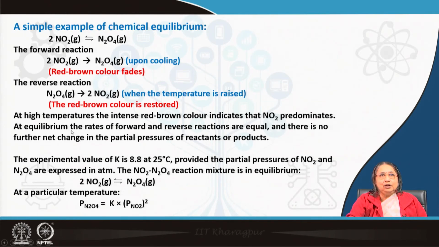Okay. At equilibrium, the rates of forward and reverse reactions are equal and there is no further net change in the partial pressures of reactants or products. This is the equilibrium condition. And the experimental value of K is 8.8 at 25 degrees centigrade.